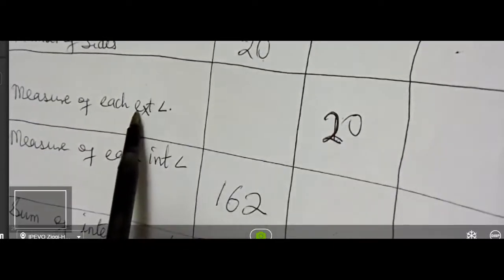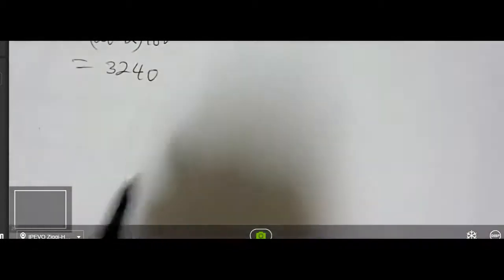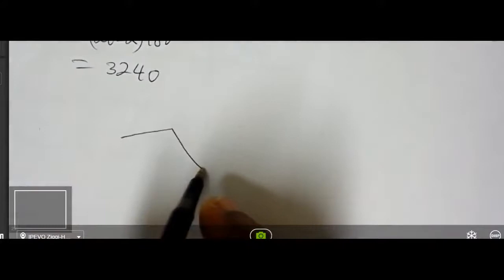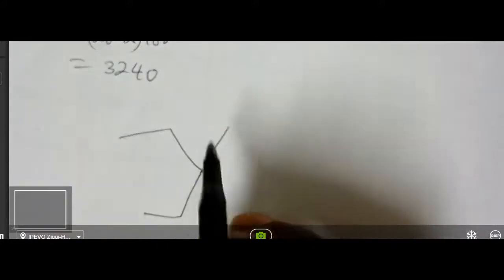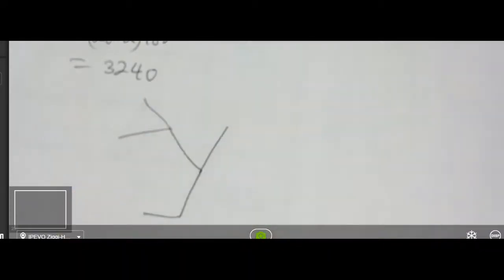Now each exterior angle. We need to remember the exterior angle: if we have this polygon and extend each side, it doesn't matter which. If each of these interior angles we already found is 162, what would the exterior angle be?